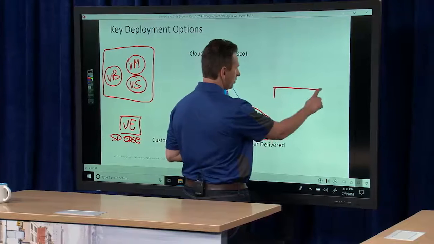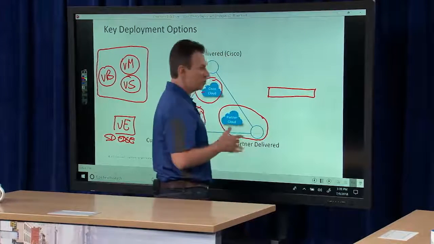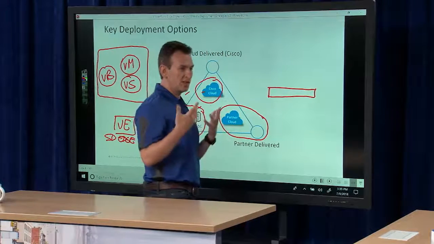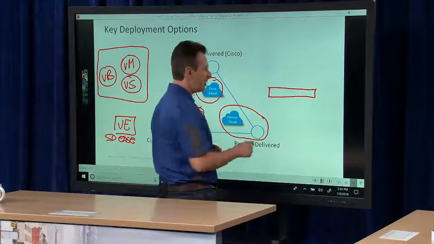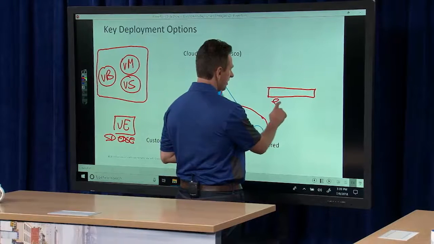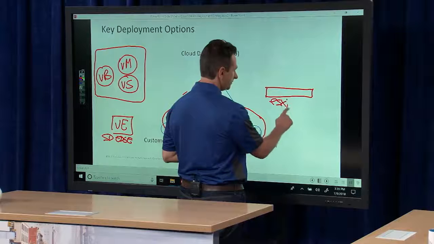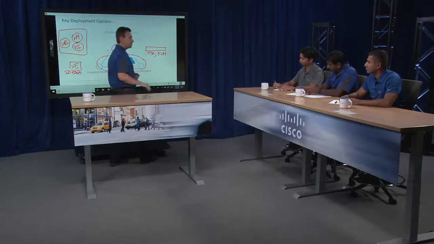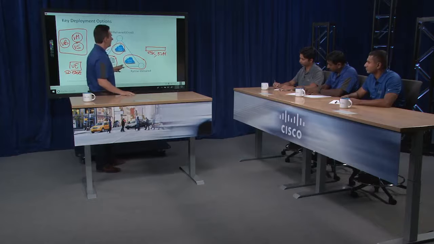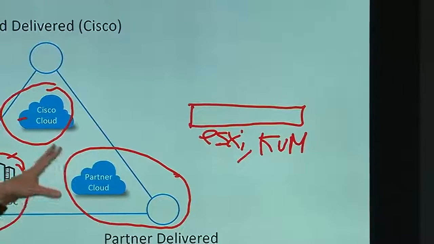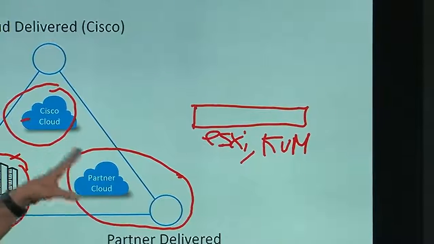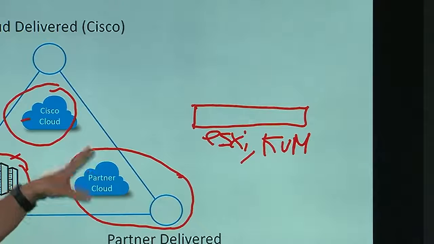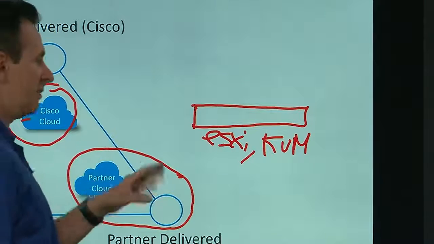What we support today are the two most commonly encountered hypervisor platforms, which are VMware ESXi and Linux KVM. Those are the two predominant hypervisor platforms that we see in the market, and those are the platforms that we support.